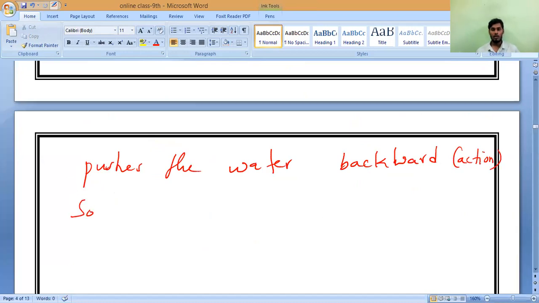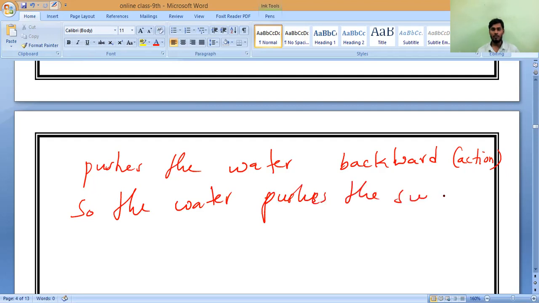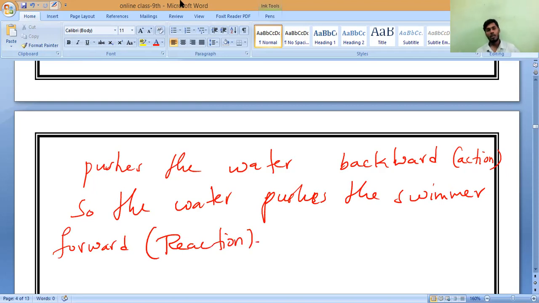So the water pushes the swimmer forward. That is called what? Reaction. Others, are you understanding? Everybody, any doubt, please ask me. Yes? Understood.